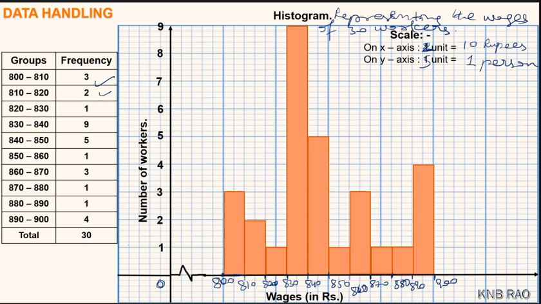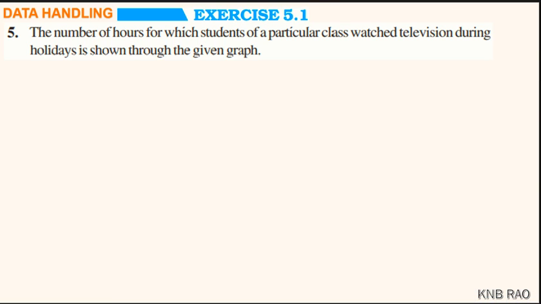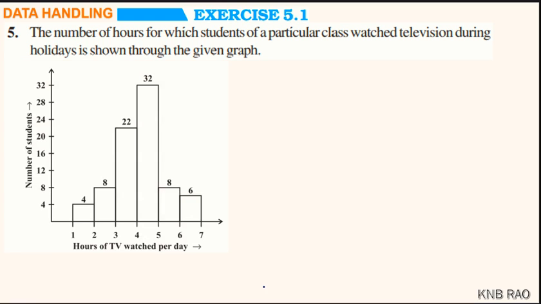Coming to the last question here, question number 5. We are asked to read the histogram. The number of hours for which the students of a particular class watch television during holidays is shown through the given graph. Here a histogram is provided. You are asked to read this histogram and answer the questions. First, if you observe the histogram, number of students is shown on the vertical axis.